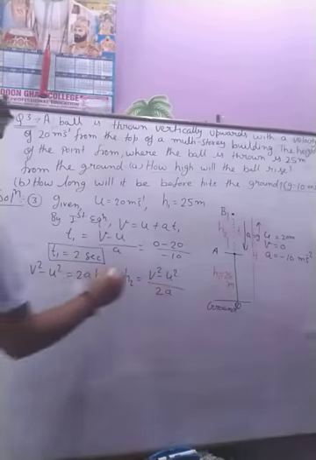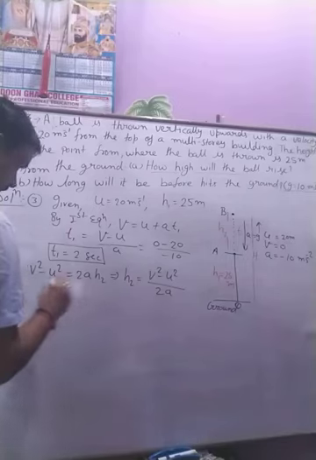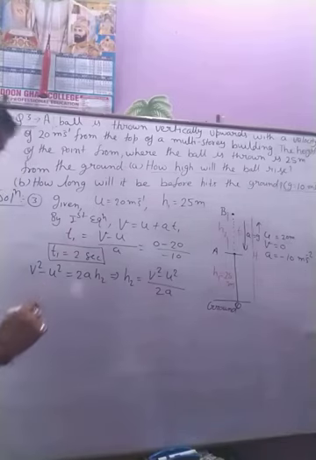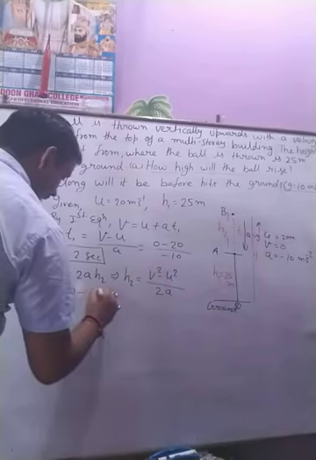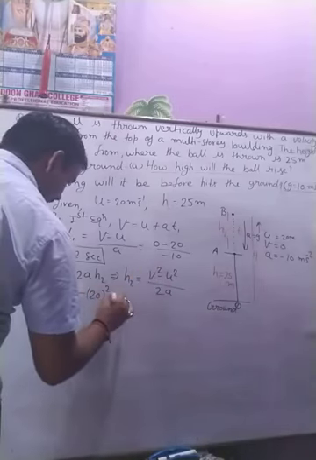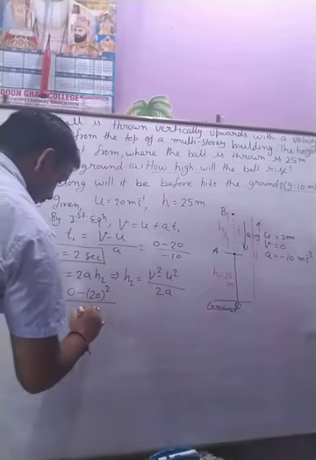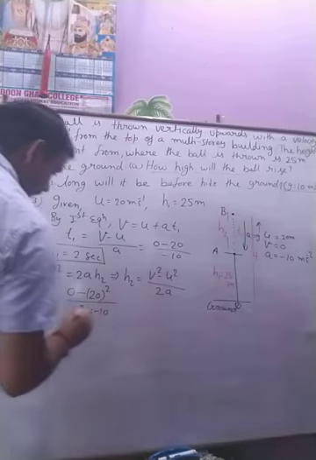Clear? So h2 is equal to 0 minus square of 20 upon 2 into minus 10.